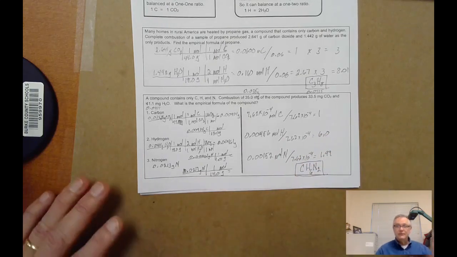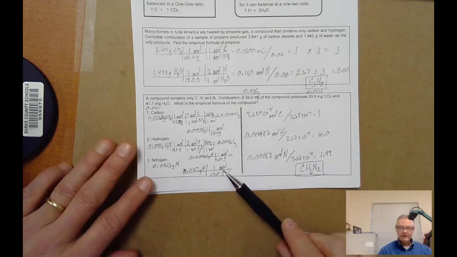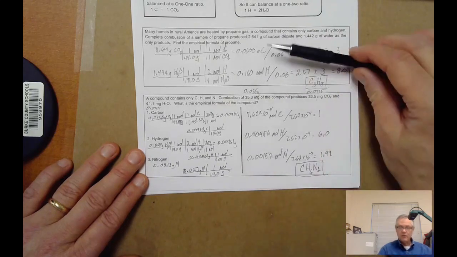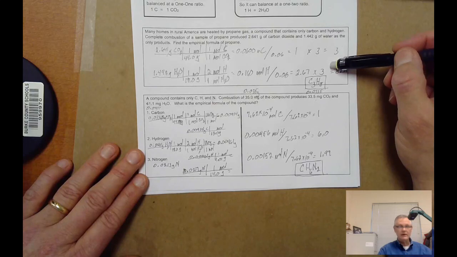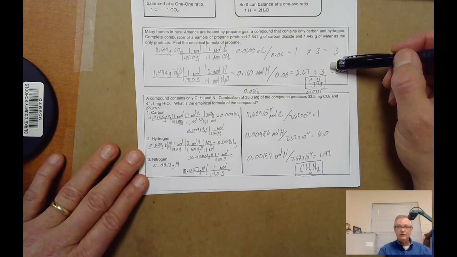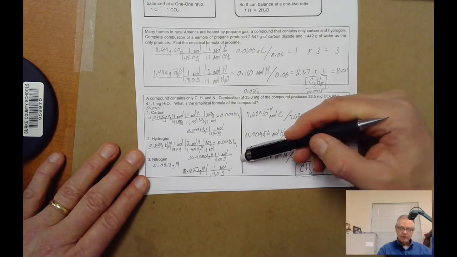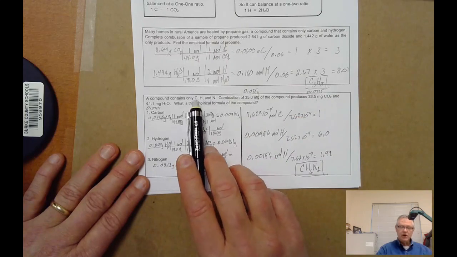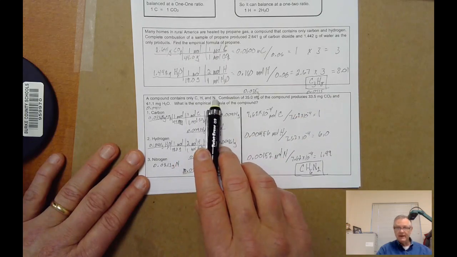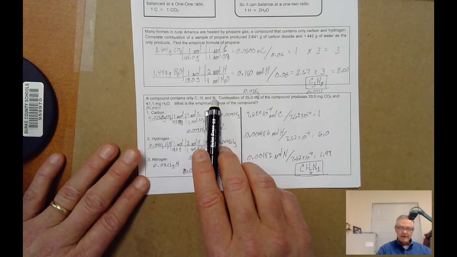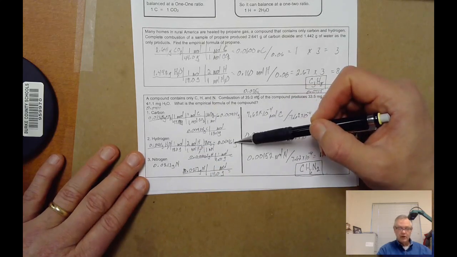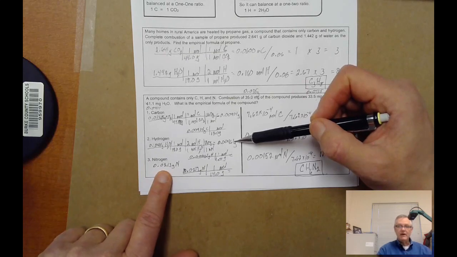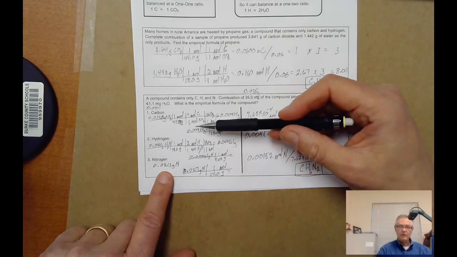So the big difference between this example problem and the one I did before was that this was a straight-up hydrocarbon that only contained carbon and hydrogen, whereas this problem had 3 elements: carbon, hydrogen, and nitrogen. So I had to add one more step to determine how many grams of the nitrogen was present in my original formula.